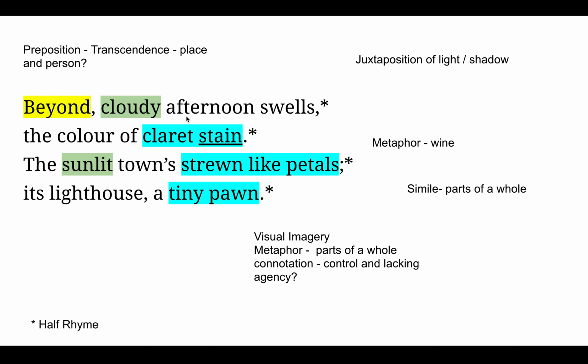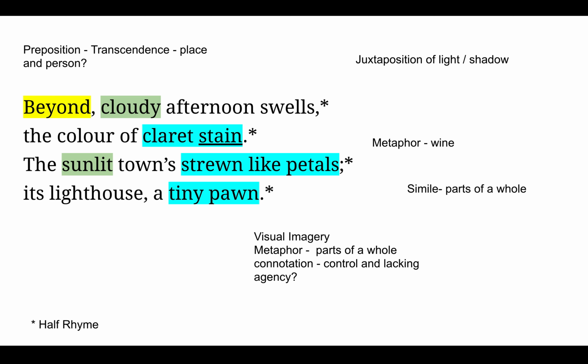So these cloudy afternoon swells, or this water here, is the colour of claret stain. Now claret is wine, so there's a metaphor here, and this interesting idea of stain. The word choice is something that I want you to think about in terms of what that might imply or suggest about the impact of man on nature.